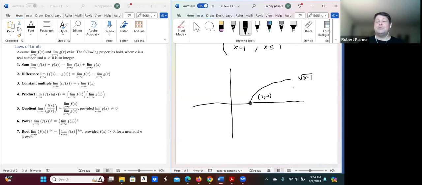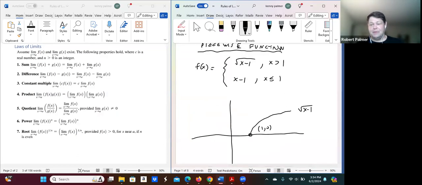Actually, I have an open circle for the top part because it's not included in that part, since it's greater than 1. But here, I have this linear function, which intersects right here at 0 and negative 1. But actually, it is included right here. So when x is 1, y is 0. So actually, it is included in this part. It looks like this. And also draw some arrows in case we want to go further in both directions.